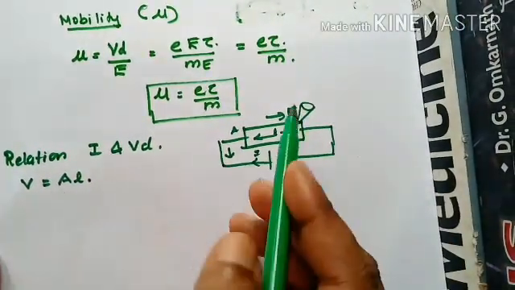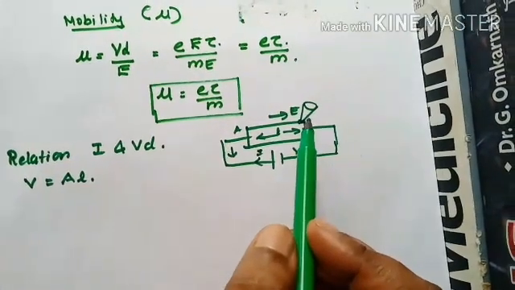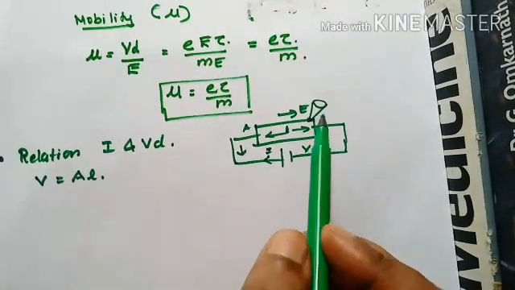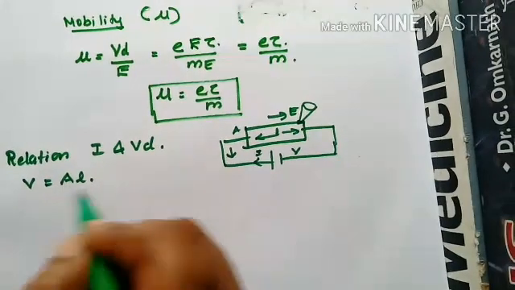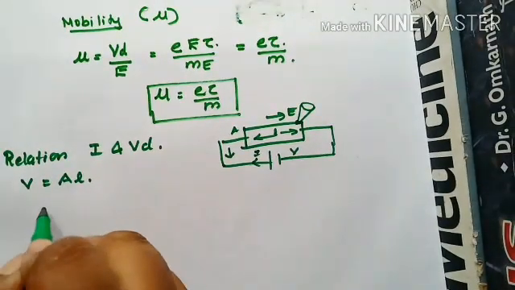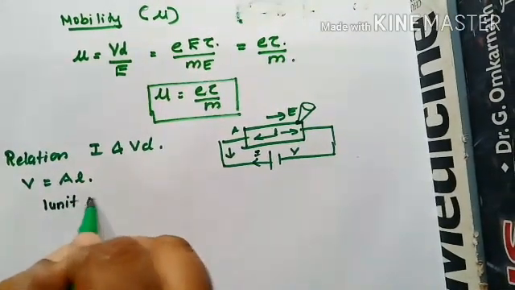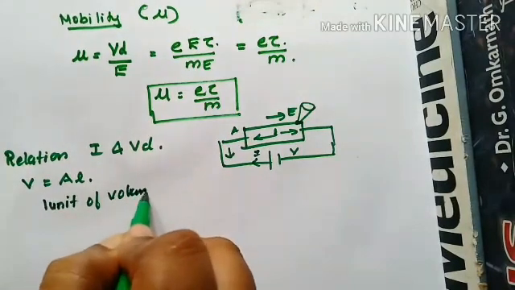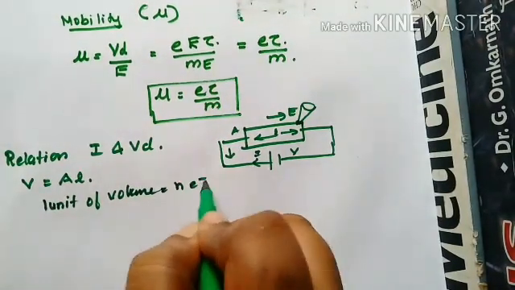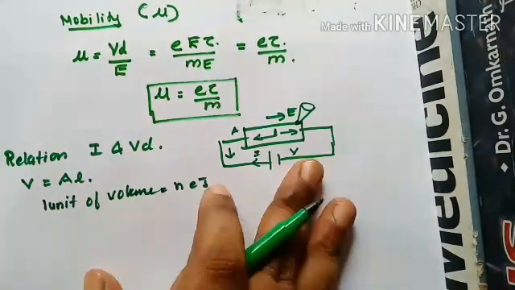Right, and a single unit of that volume is going to have n number of electrons. That is, 1 unit of volume has n number of electrons. Suppose this is the scenario, right?